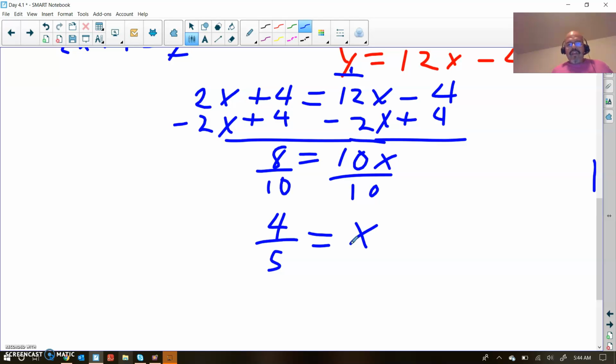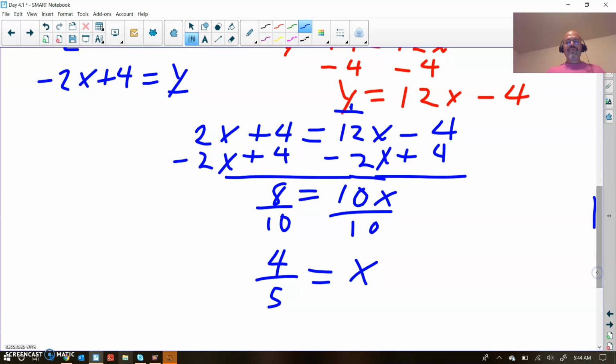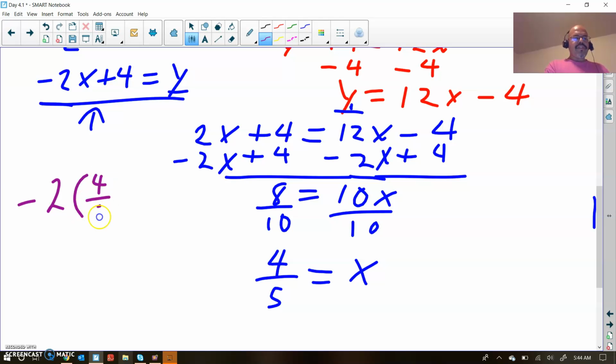Oh well. Now we need to solve for y. So we can either use this one or this one. I'm going to use this equation over here. Use green, not purple. So negative 2 times 4/5 plus 4 equal to y.